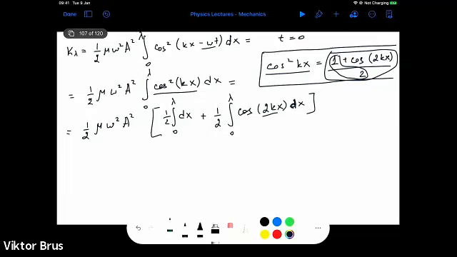And this is possible because it's constant. If we multiply this x with a constant, it will not change anything because the derivative of the constant is 0. So it will not change anything.